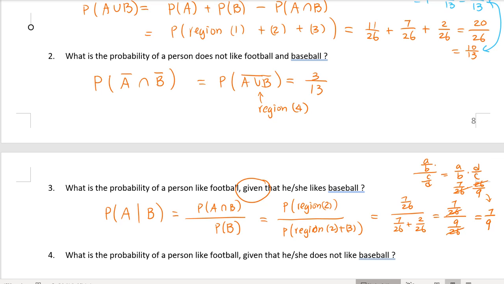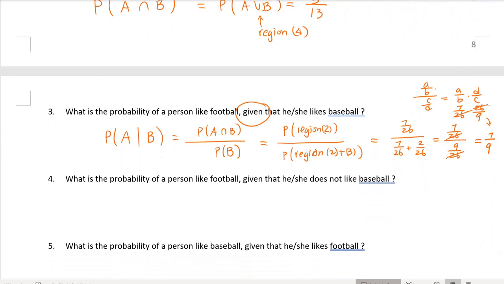Okay. Next, what is the probability of a person liking football, given that he or she does not like baseball? So B complement. By the definition of conditional probability, this is the intersection over the P of B complement, right?